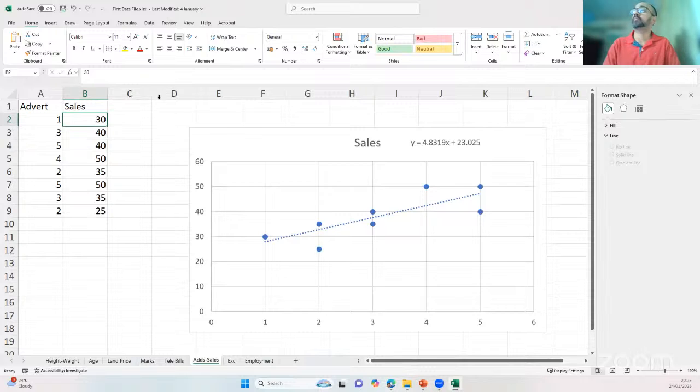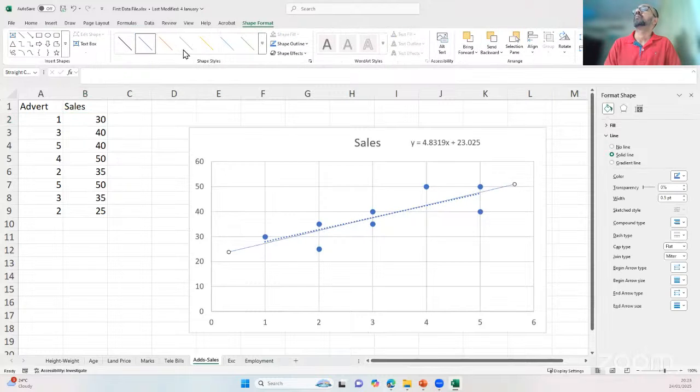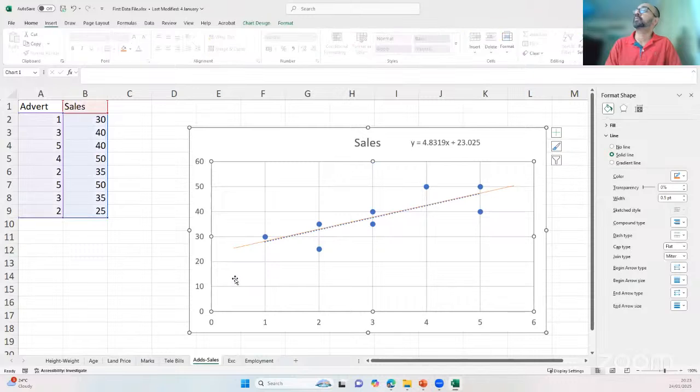Okay, I'll draw a line here first to maintain the current line. Okay, this line represents the current line.